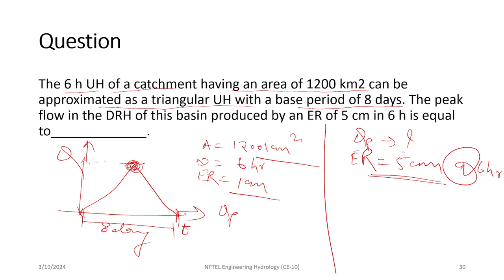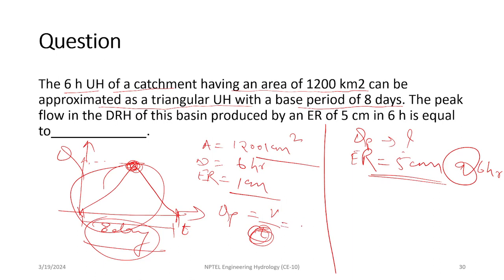So for getting this QP, what you will do is V by T, right? But here keep in mind this time will be the base period. Whenever we are computing the volume, we always take the area under the triangular unit hydrograph.